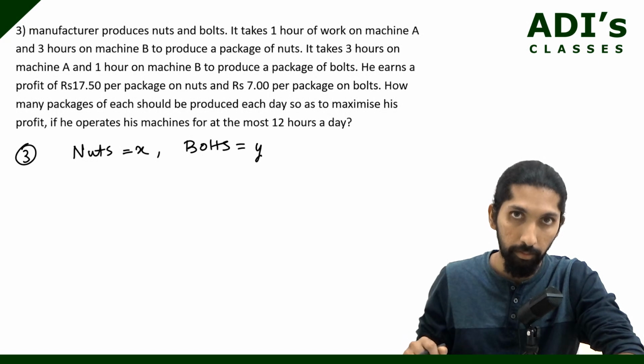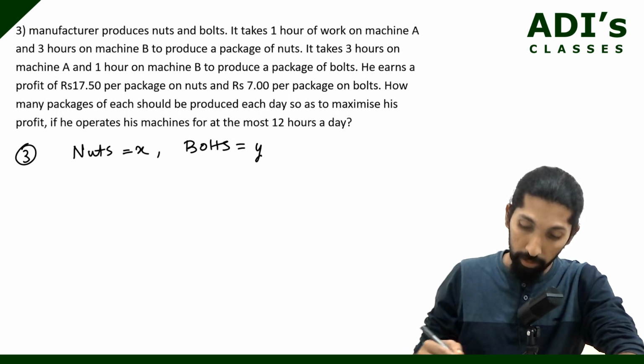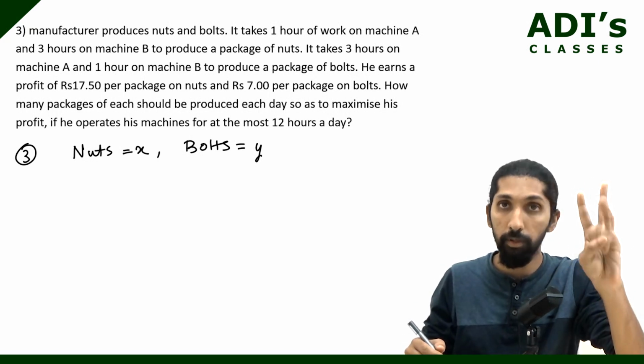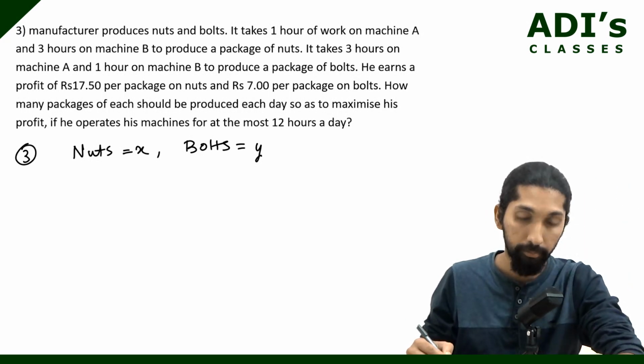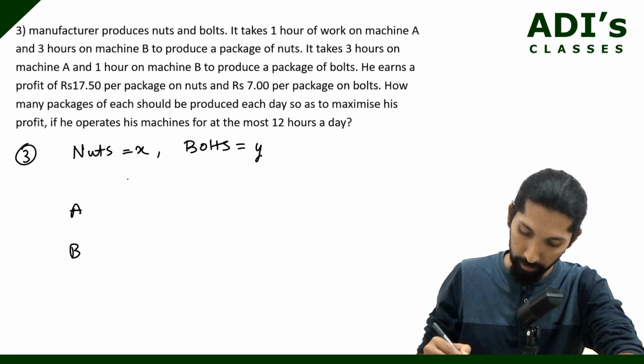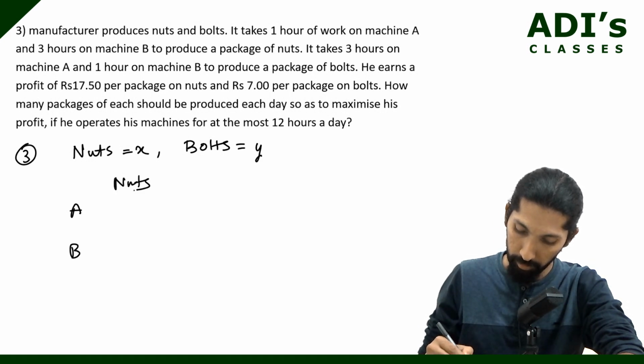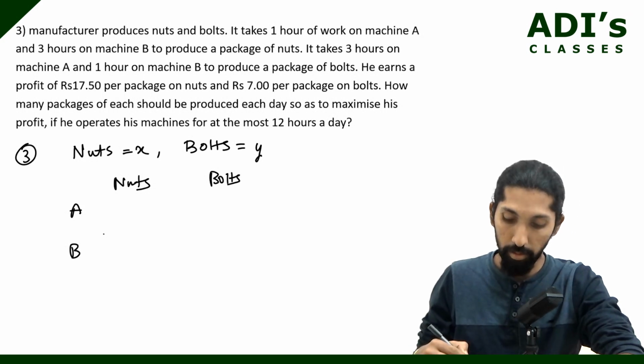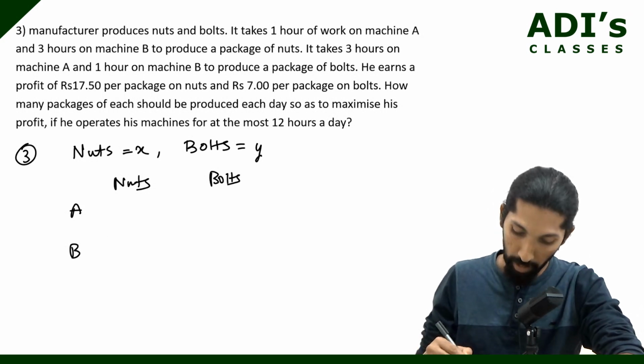So now what are the things we have? We have nut, we have bolt, we have machine A, we have machine B. So we have nuts and bolts, right? This is X and Y, correct?